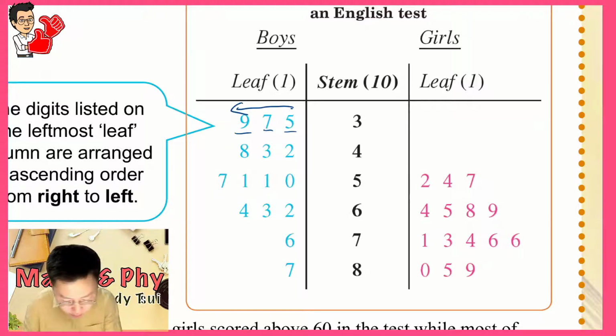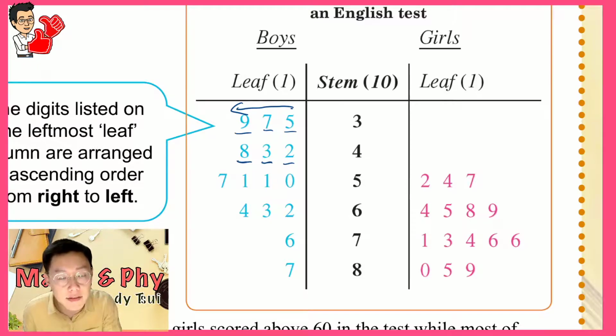And then I use the second row as an example, 8, 3, 2. Because 2 is the smallest datum in this row, and also 3, and then the third one is 8.